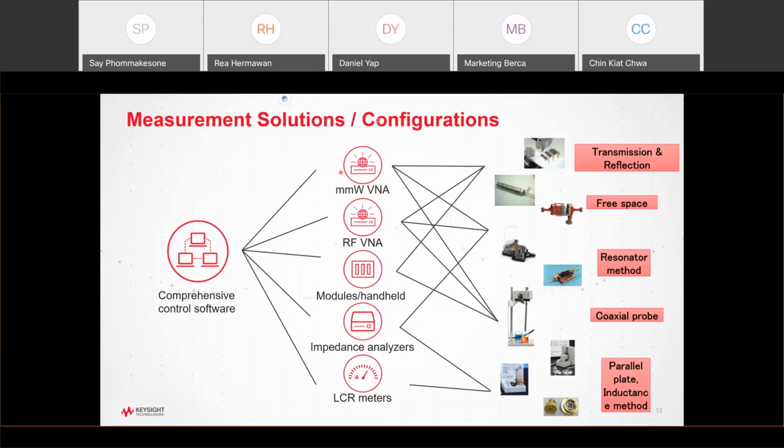These instruments stimulate an electric field, basically energy, to your material and interact with that particular material so that we can collect the data. To do that, it requires a variety of sample holders or fixtures. These all depend on the material that you are working on.